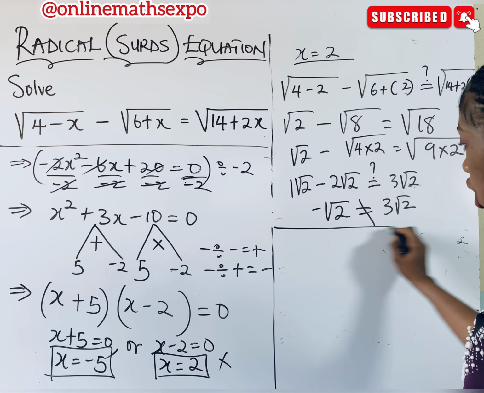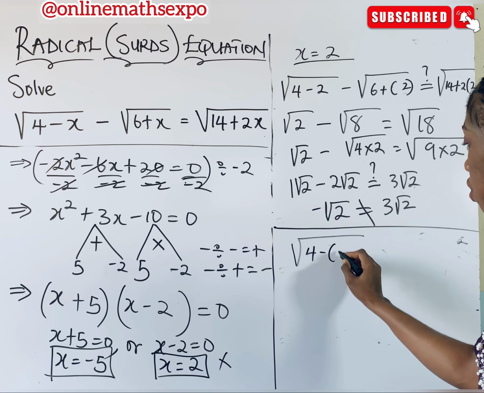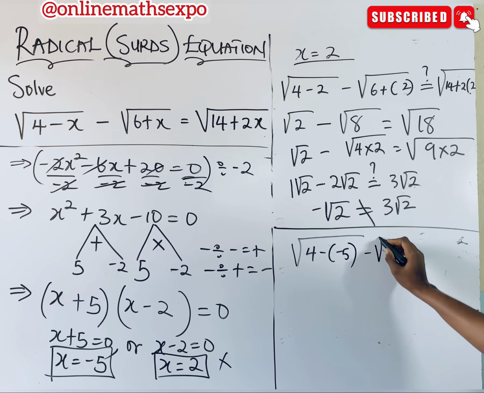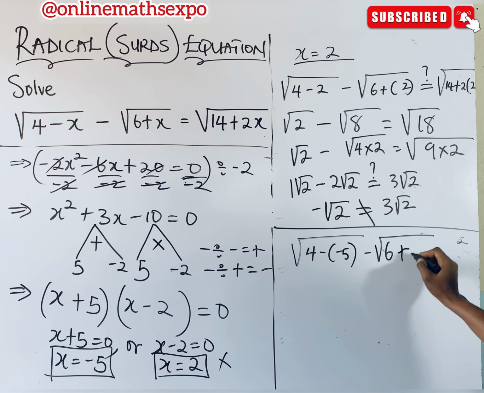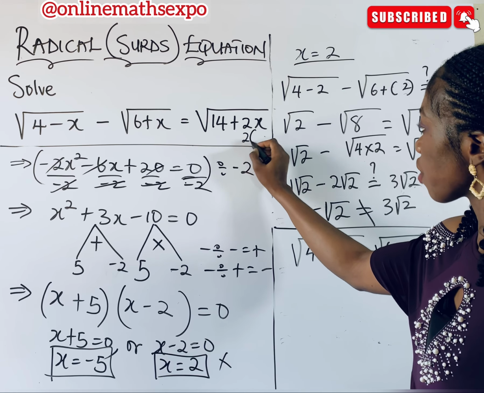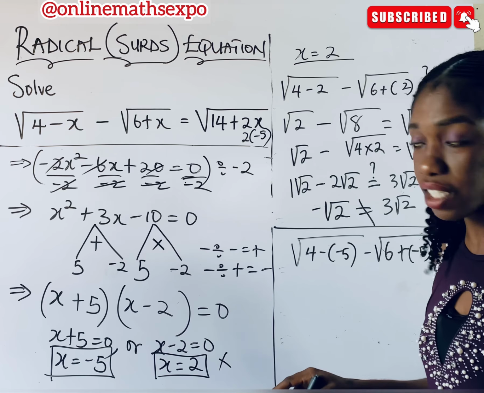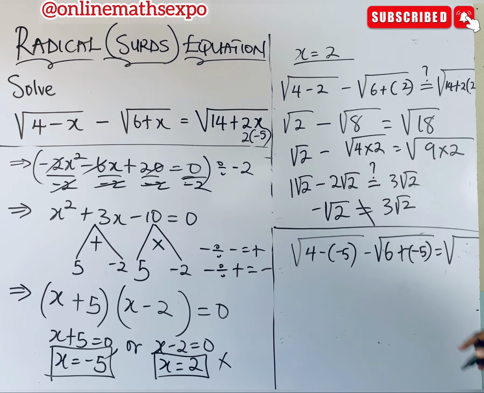So let's check in conclusion. Put negative 5 where we have 4 minus negative 5 minus square root of 6 plus negative 5. Is it equal to square root of, if you put negative 5 here, it gives you 10, and negative 10, and 14 minus 10 will give us 4.